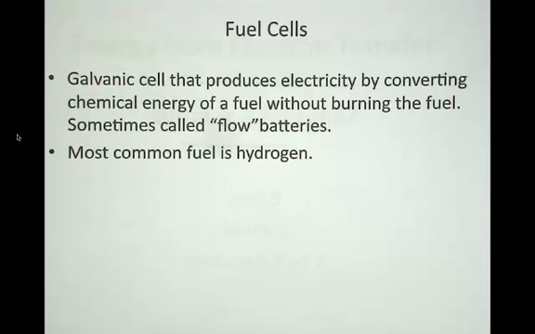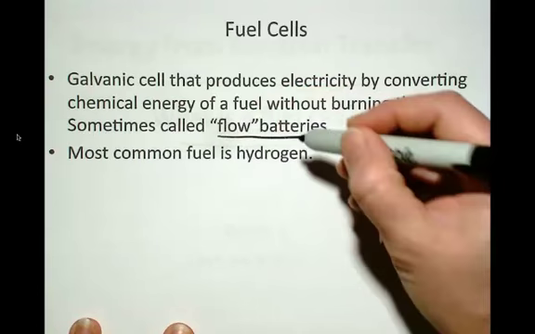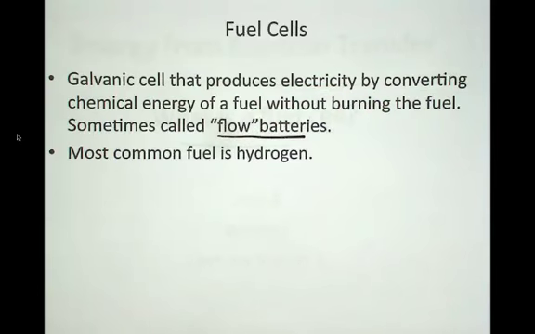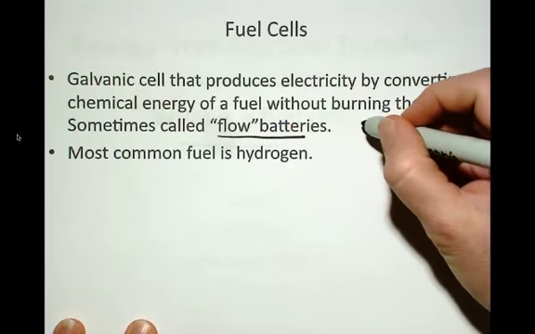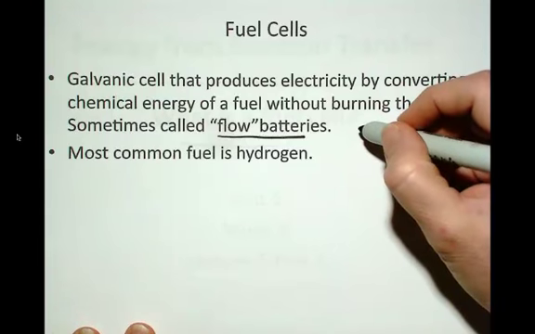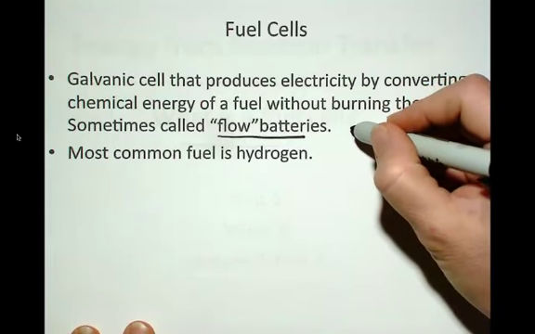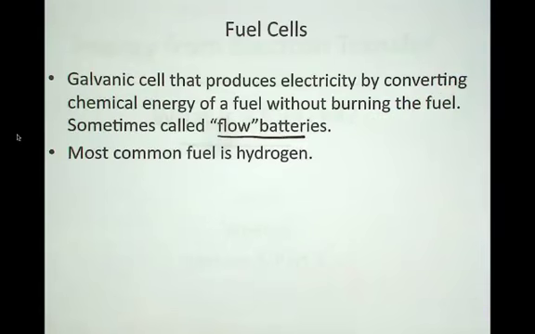These types of fuel cells are sometimes called flow batteries because rather than having a fixed quantity of reactants, such that the battery would run out of reactants or need to be recharged to reformulate the reactants, in this case the reactants, the fuel and some sort of oxidizer, normally oxygen, are continually pumped into the fuel cell.